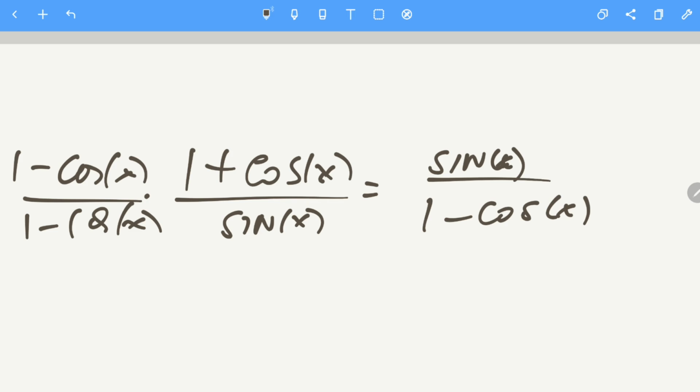And if we start from the right, we must multiply by the conjugate 1 plus cosine of x divided by 1 plus cosine of x. And that way we can reach either the right hand side or the left hand side.